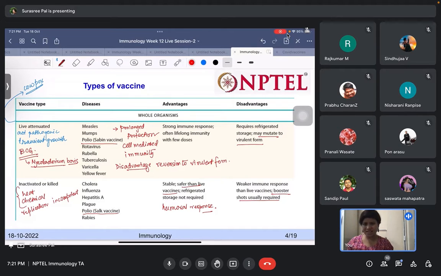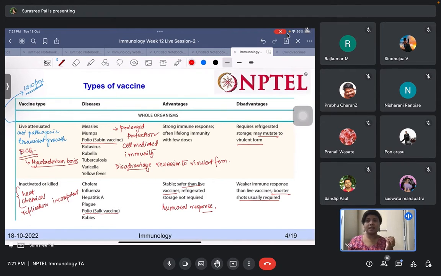However, there are some disadvantages present in the inactivated or killed vaccine. Since it is killed or inactivated, it may generate a weaker response than the live vaccines. Also, since we are killing or inactivating the pathogen, this inactivation has to be complete and proper.